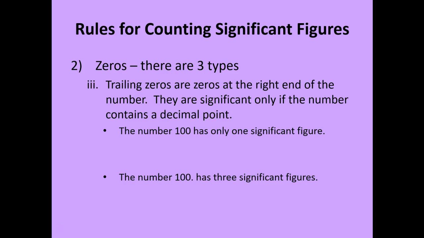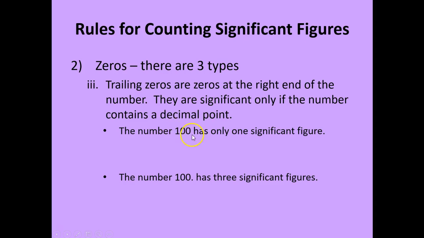And then there are what we call trailing zeros, which are zeros that come after the last non-zero digit. The question is, are they significant, or are they just there to position where the decimal point would be? It depends on whether there is a decimal point present. For example, there are two representations of the number 100 here.